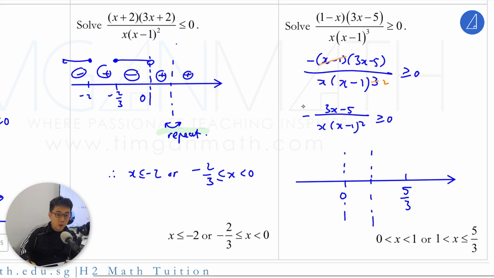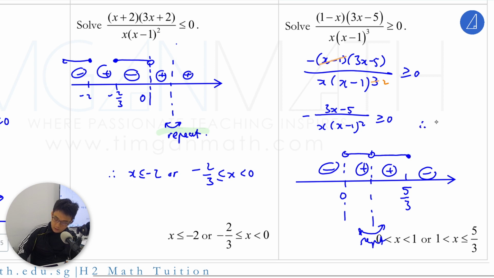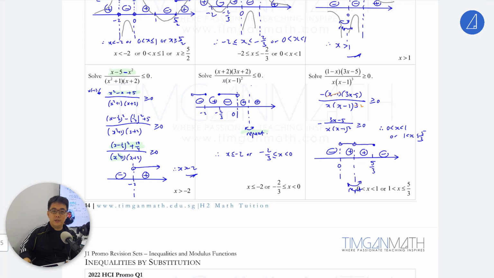But this negative here will render it overall negative. Negative. Oh, this is a repeated root. Plus, plus, minus. Then you need it to be positive, which is here to here, here to here. There you go. In the end, we finish the whole question here.